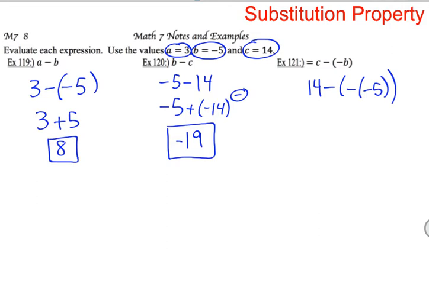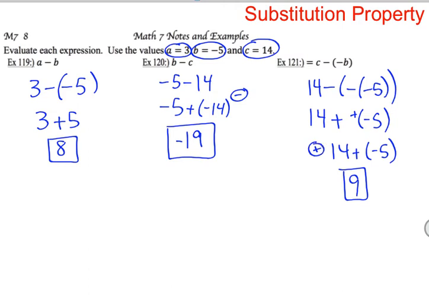This is 14 minus negative 5. That's 14 plus the opposite of negative 5. That sounds kind of weird, but this is just 14 plus 5 in the end, which is 19, because the positives win.